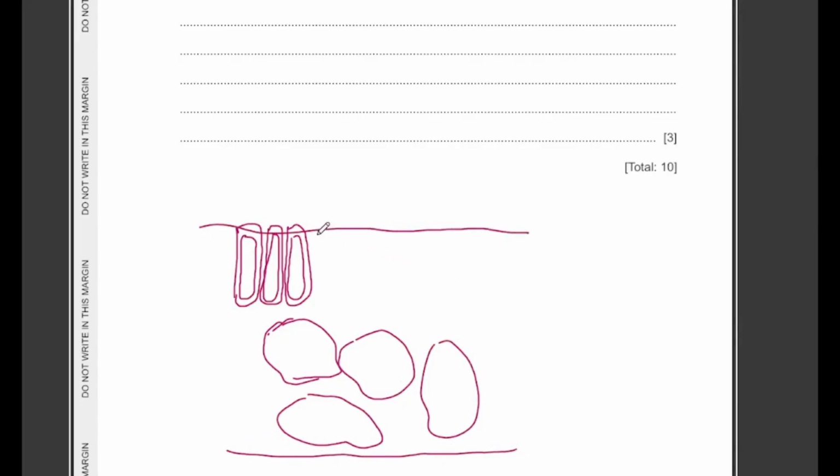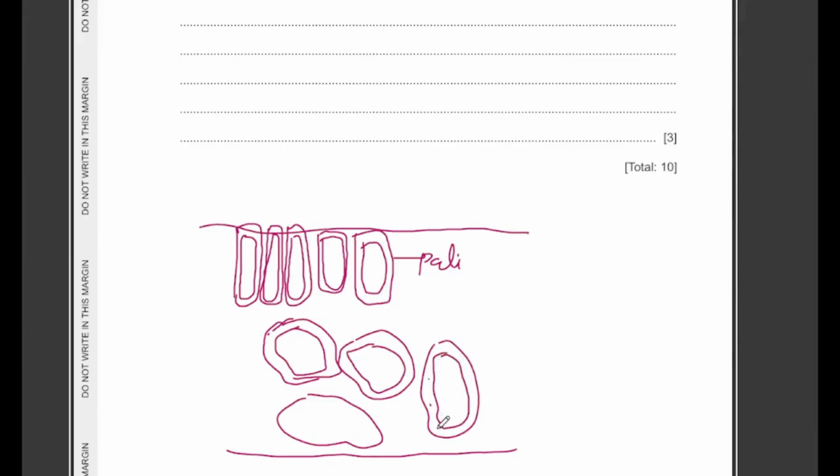So this is some kind of diagram you will have. I think now you got it. This is palisade, and these ones are your spongy mesophyll cells. A lot of space and then few chloroplast.